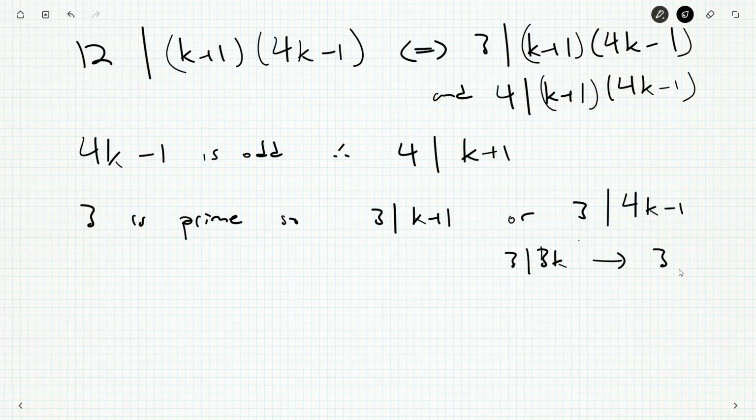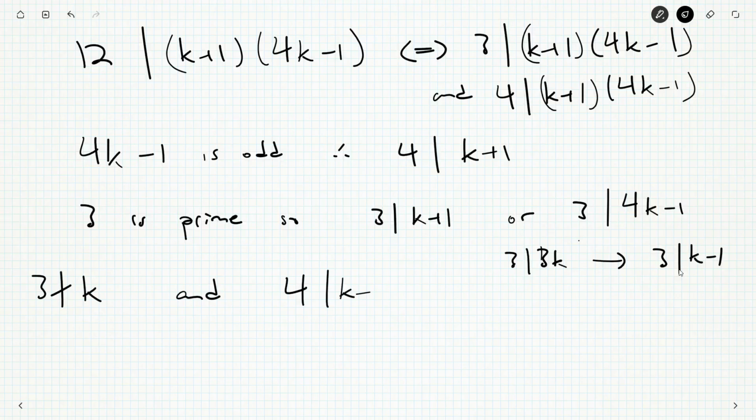So that means 3 divides the difference of 4k minus 1 and 3k. So 3 divides k minus 1. So these are exclusive. So 3 can't divide k. And 4 must divide k plus 1. These are our conclusions.